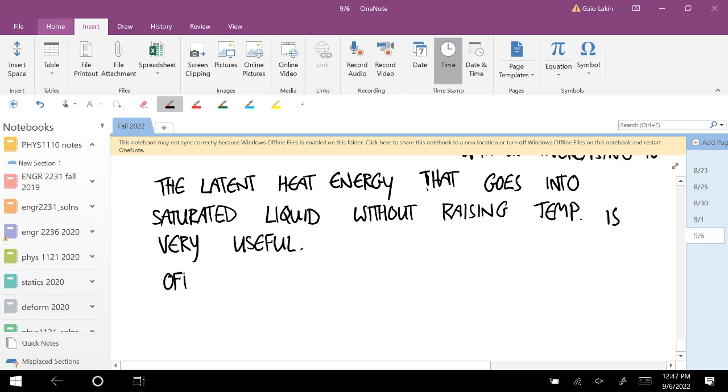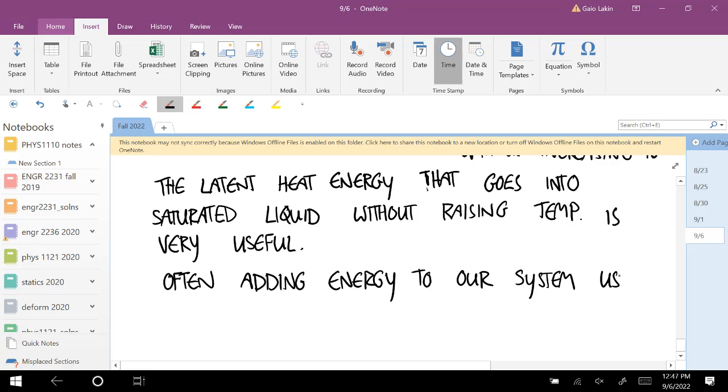So we're often adding energy to our system using an external high temperature region.